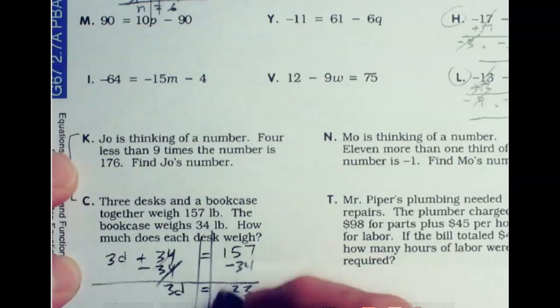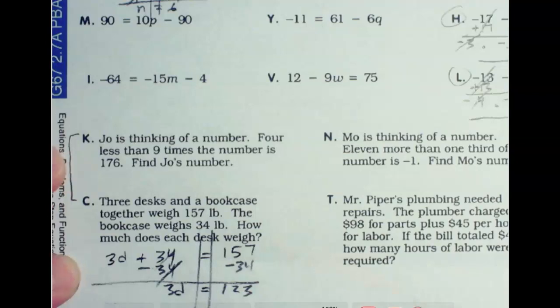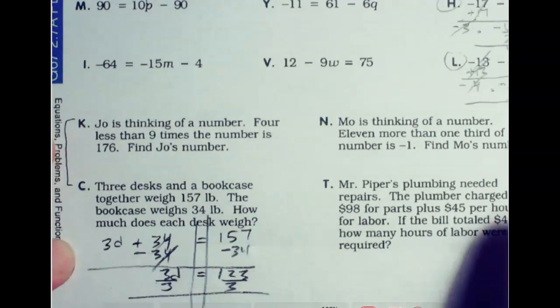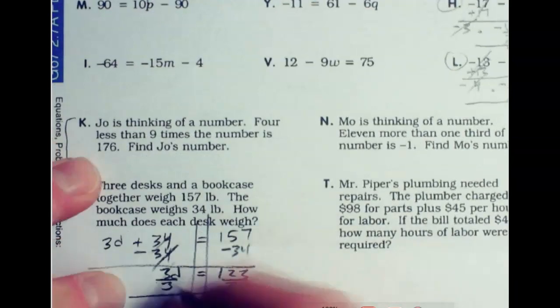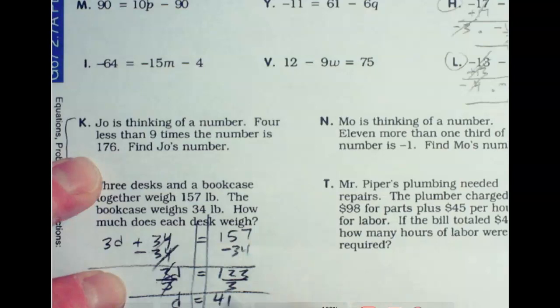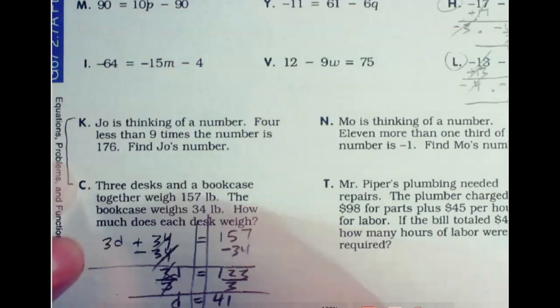And we have 123 pounds. So now we divide by 3 on both sides. We're going to get each desk weighing 41 pounds. So then you can go on up there and you can look for 41 pounds and you can put in a C for all of those.